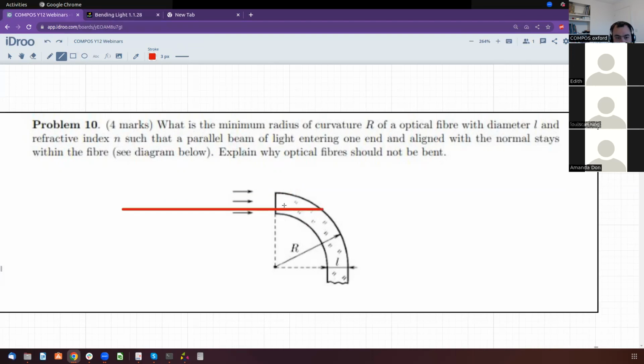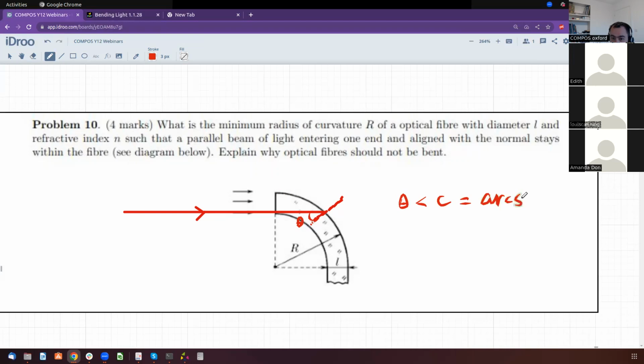Light coming in here goes straight through the glass, and then you can see that this angle is far from 90. So this angle has to be subcritical. The theta needs to be less than the critical. And the critical is arc sine 1 over n. So you need to use a little bit of geometry here just to figure that out.